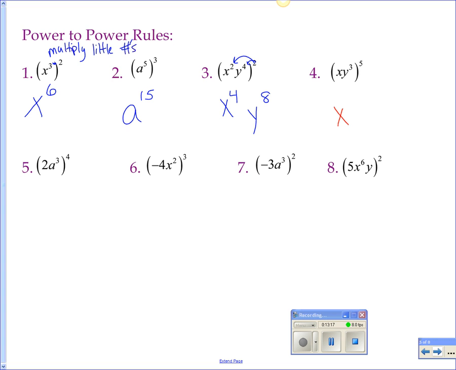Yes. Put a 1 with this X. Put a 1 with that X. So Haley, what should we multiply first? So we got to multiply 1 times 5. That's what we're going to multiply first. 1 times 5. What is 1 times 5? 5. Okay, so multiply the 1 and the 5.